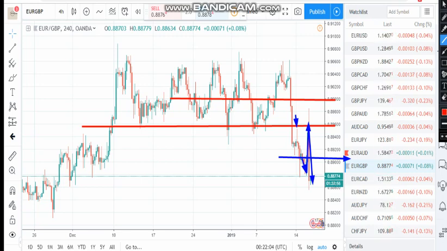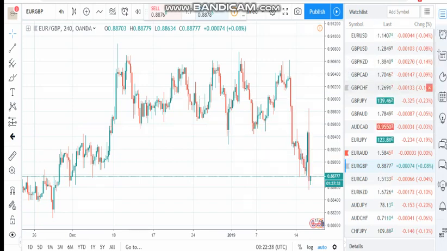So that's why I placed my stop at that zone, a 50 pips stop, and I expect price to move 100 pips in the money, and then I'll be closing this trade. So let's go over to the EURAUD trade.